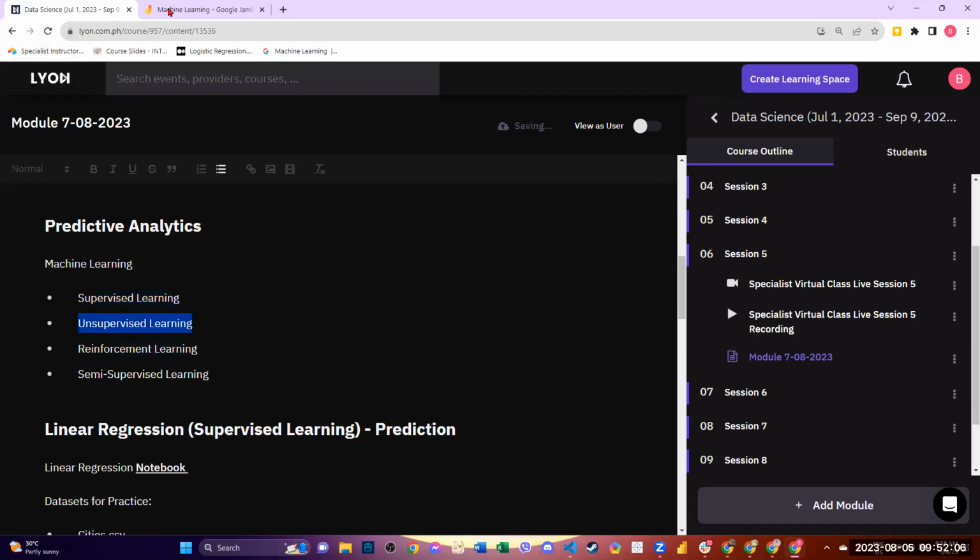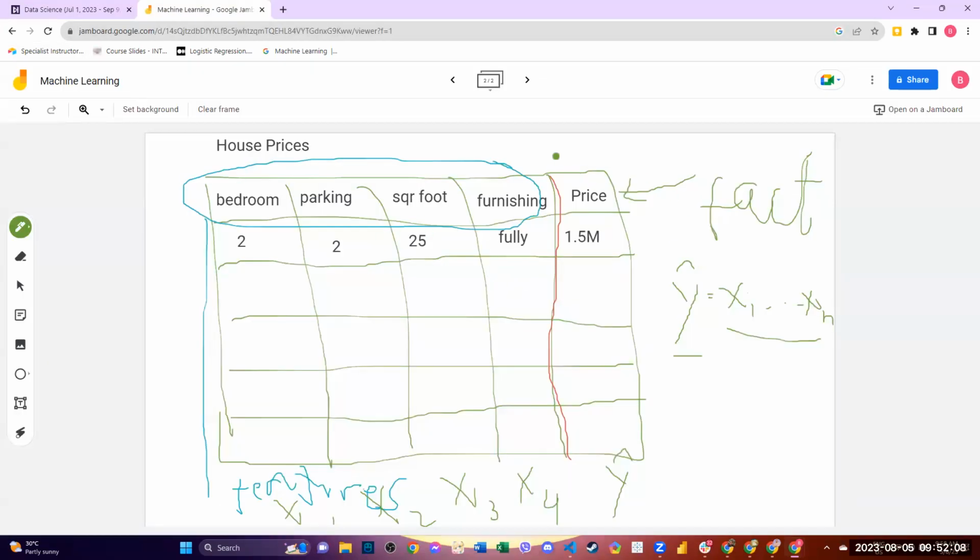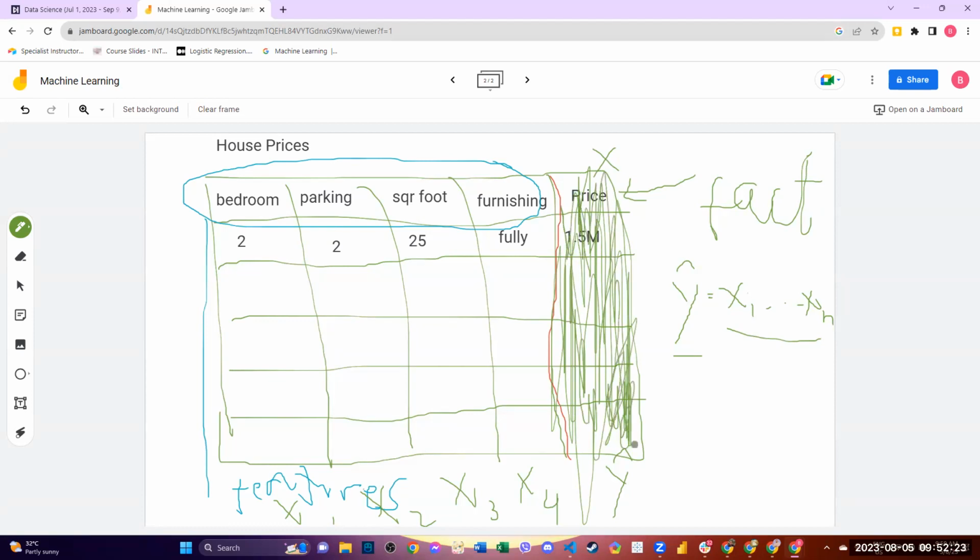Unsupervised learning is the same as this one, but we're going to remove the facts. So you're just going to remove this one, without telling the machine the facts of those house prices. The machine would try to know on its own the outcome of the data.